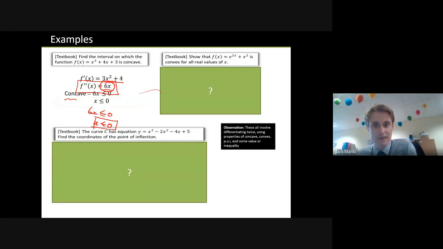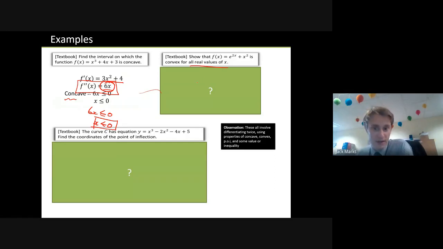Show that it is convex for all values of x. So we're going to be differentiating twice. If we want to show things for all values, have a think about where you've seen phrases like that before. You've seen them before with proofs, things like always positive and so on.